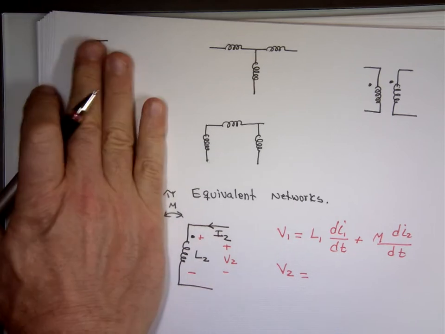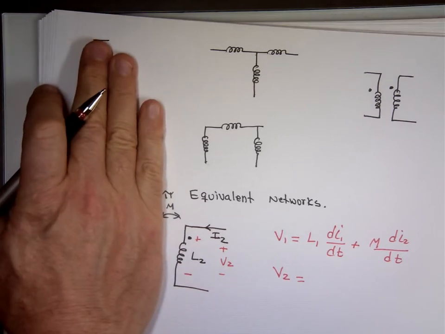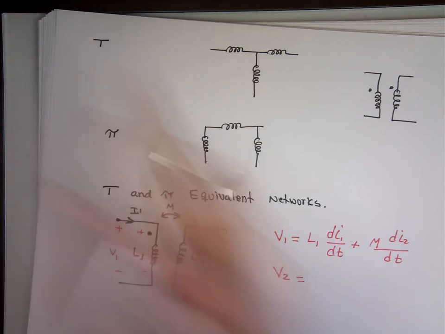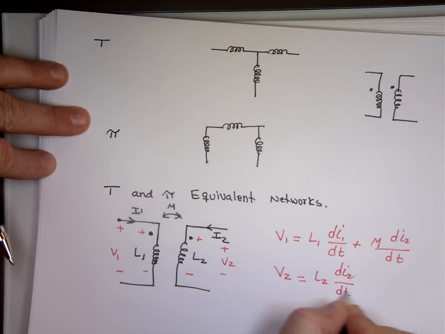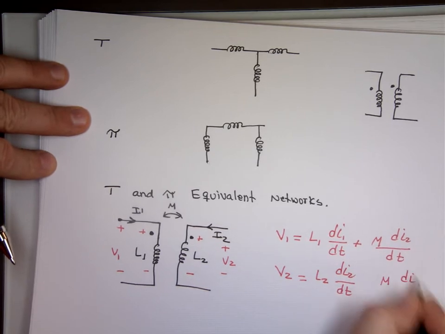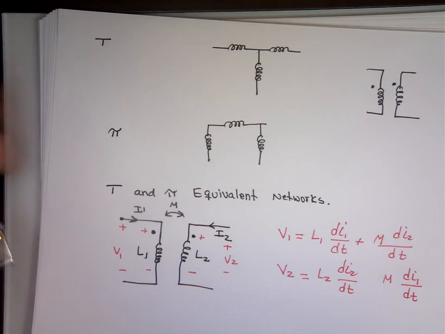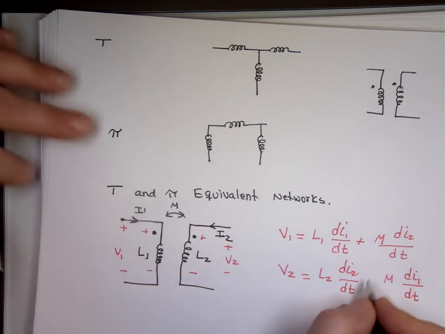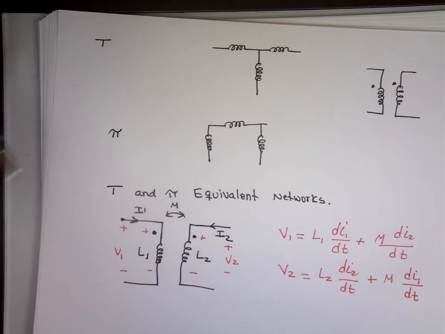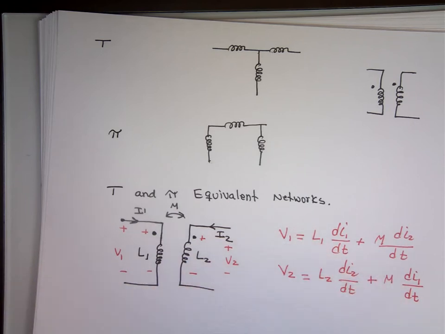Let's look at V2. Again, if this not here, it's going to be what? L2 times what? di2 dt. The mutual inductance di1 dt. Again, positive or negative. I sub 1 travels this way, plus to minus. The dot is plus, that's a plus. Good. Put this on hold for a second. Let it sit there. I'll bring it back later.